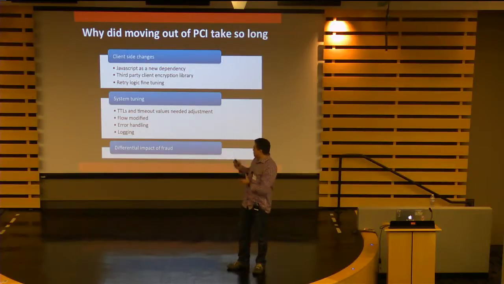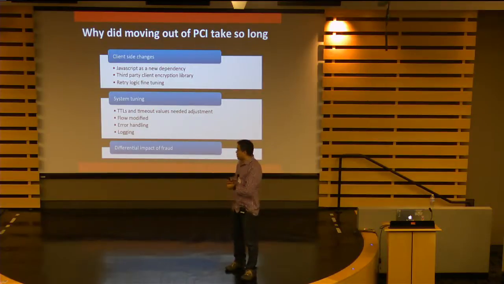So these are the kind of big buckets. There are, of course, client-side changes which we were aware of and which we kind of planned for. But what we didn't expect is introducing JavaScript as a new dependency in the client for sign-up would actually cause some amount of churn. So prior to this project, one could sign up for Netflix on a browser without having JavaScript enabled.